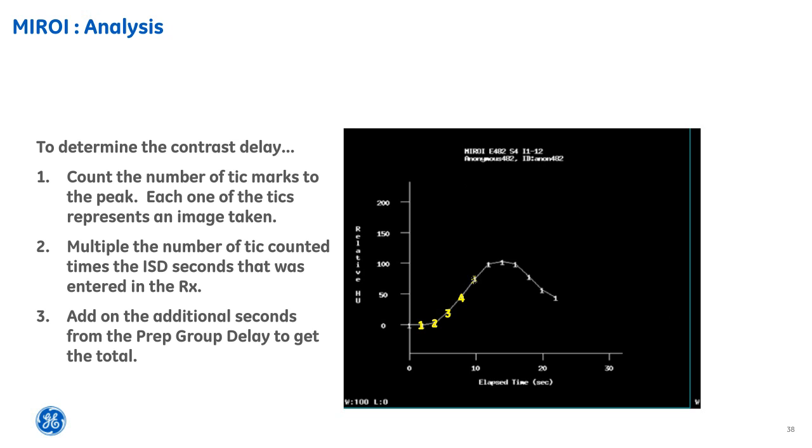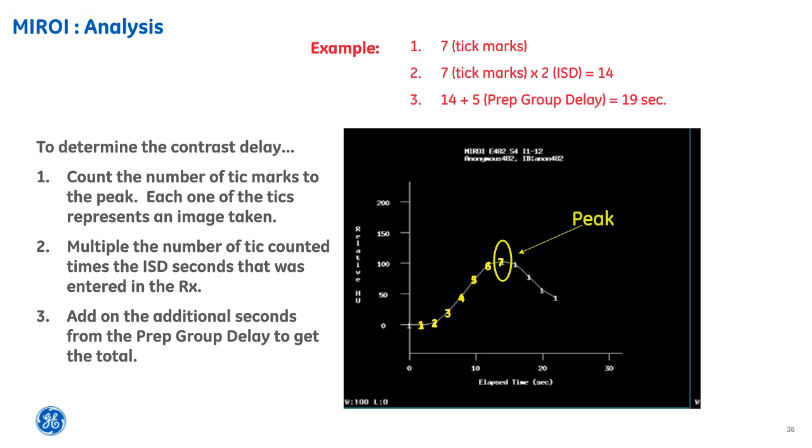So when we put our region of interest on, we ask the system to generate a graph, and it gives us a contrast peak, as the contrast is coming in and then washing out. We can see after 7 rotations or 7 acquisitions, we've reached our peak. Each one of these rotations is actually 2 seconds, so it takes 14 seconds for our contrast to peak.